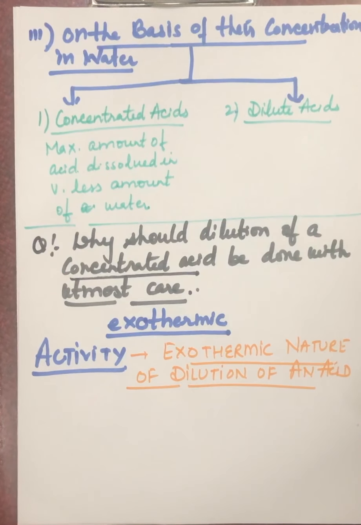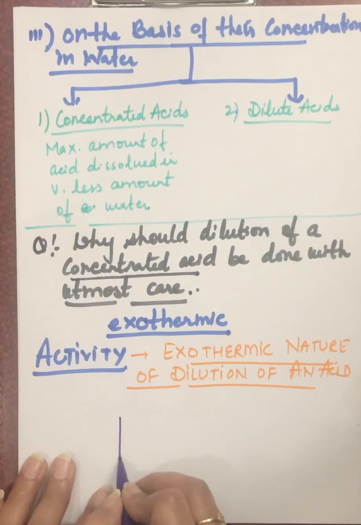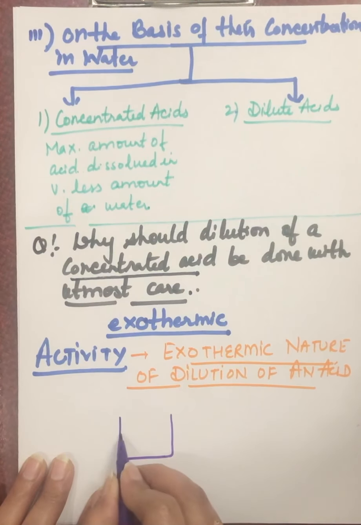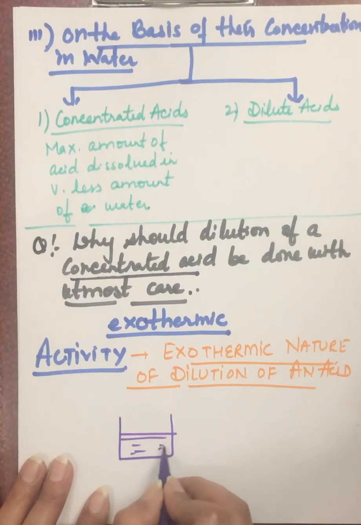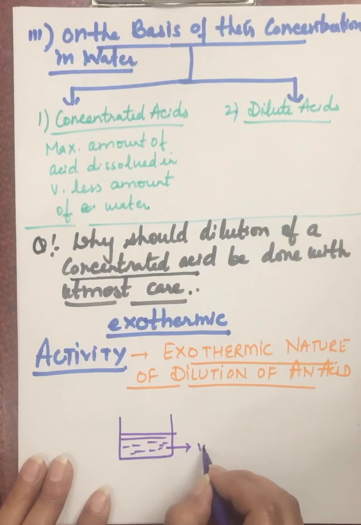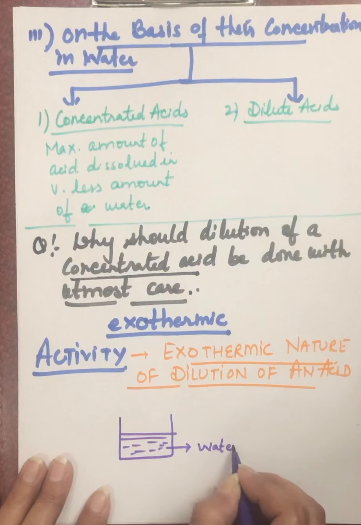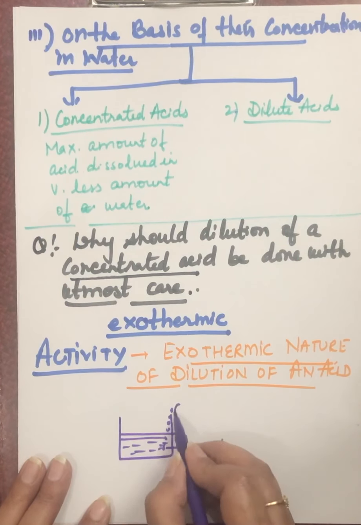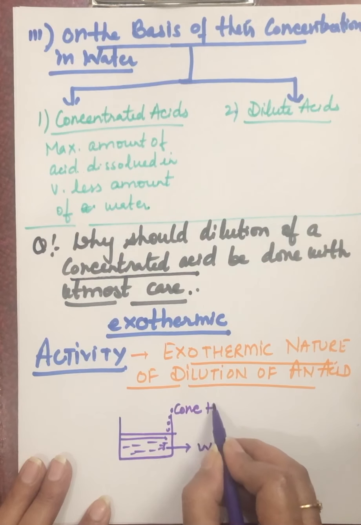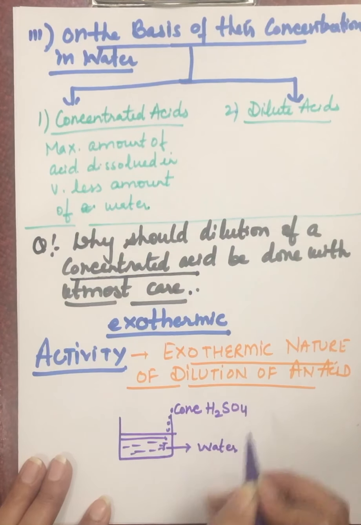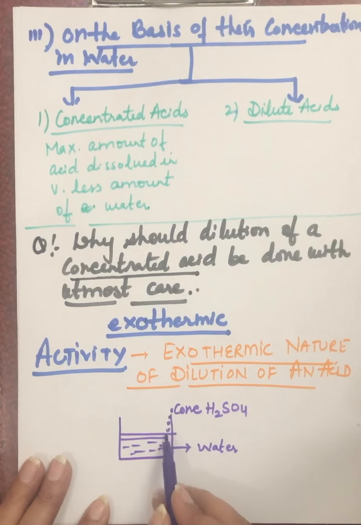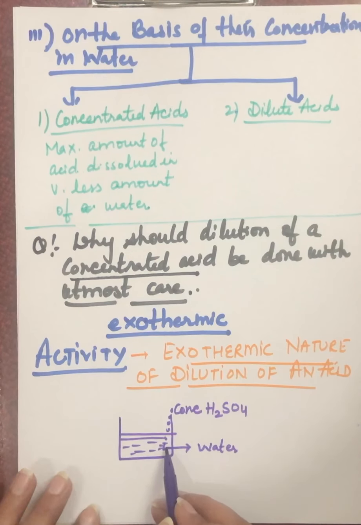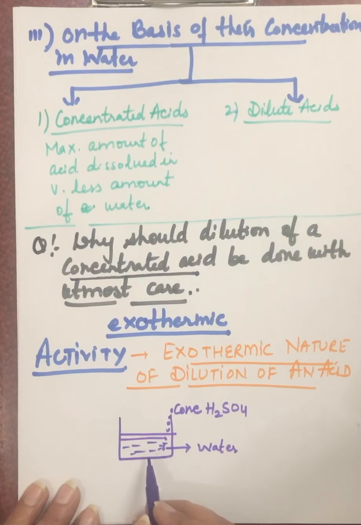We'll just take 10 ml of water in a beaker. There's water in this, let's say 10 ml. And then slowly drop wise, what we are adding here is concentrated sulfuric acid into it. And when we are adding it drop wise, we have to stir the solution also.